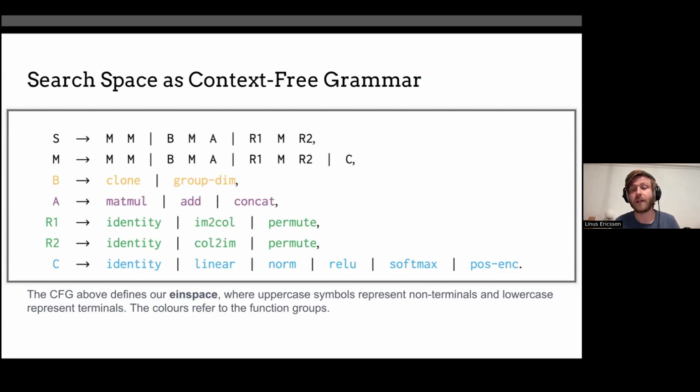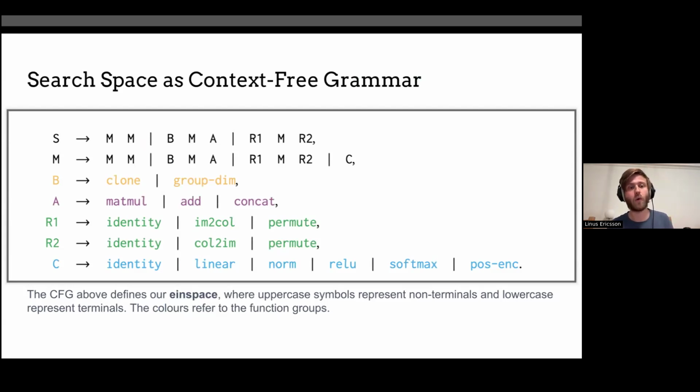This can also be applied to language, where we group words into nouns or verbs and so on, and there are certain structures depending on each language of what sentences are allowed. So this is the formalism that we use here, but instead of language or programming languages, it's the operations within an architecture that we are modeling.